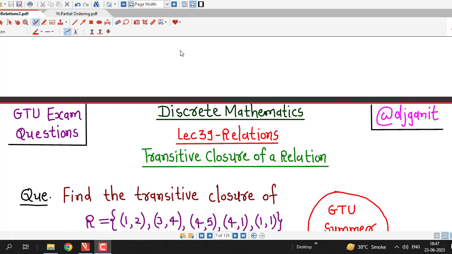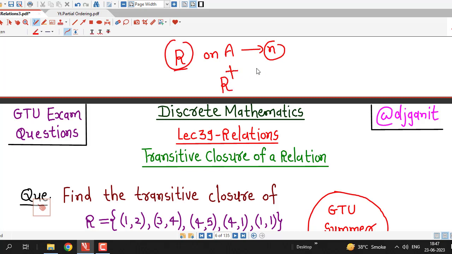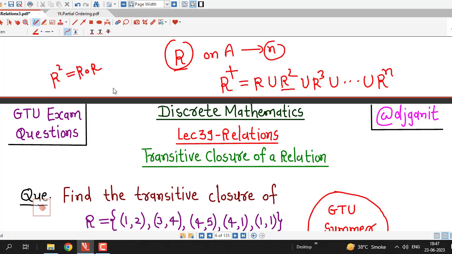We recall the method of finding transitive closure of a relation. Suppose R is a relation on a set A, and suppose set A has n elements, then the transitive closure of relation R is given by the union of R, R2, R3 and so on up to the nth power of R, where R2 is defined as the composition of R with itself.